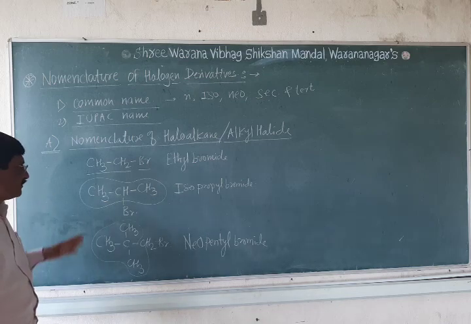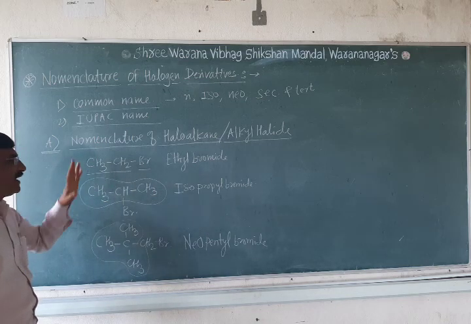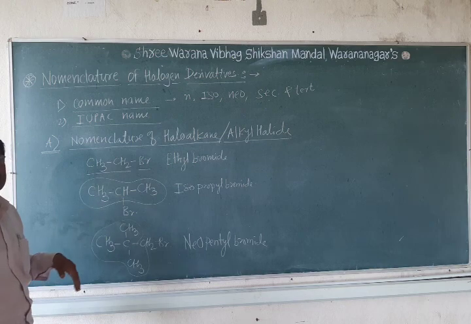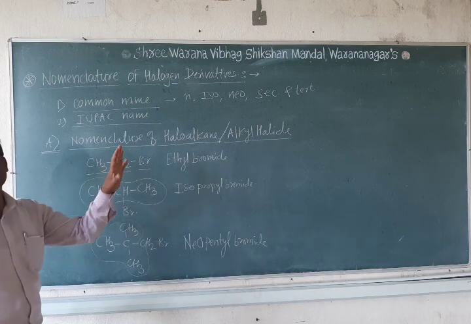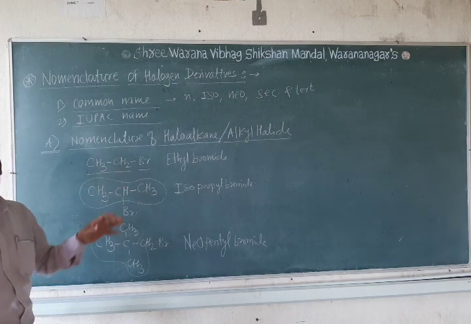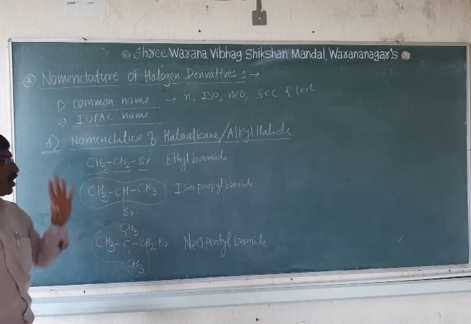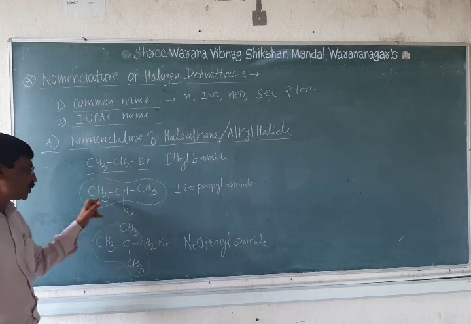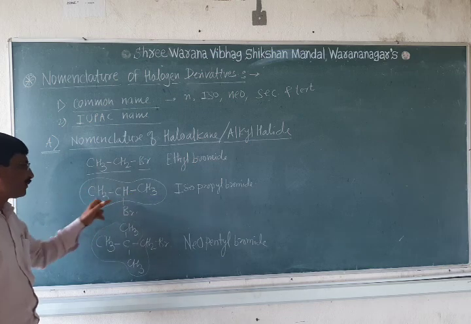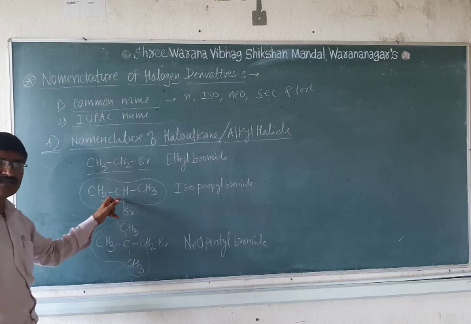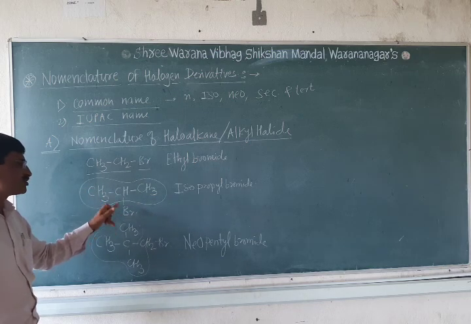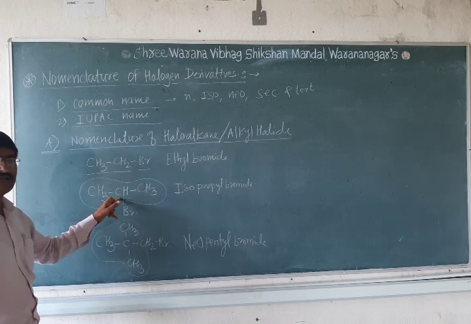If you take a long chain, instead of ethyl, if you take pentyl, propyl, butyl, that means more than 3 carbons, that time you have to denote it by n-pentyl, n-butyl, n-hexyl bromide, like that. That is the normal. In case of iso, the bifurcation of the attachment of the functional group takes place at carbon number two.